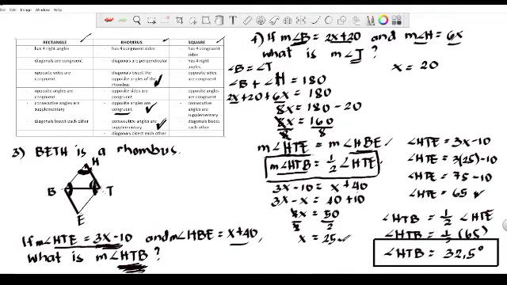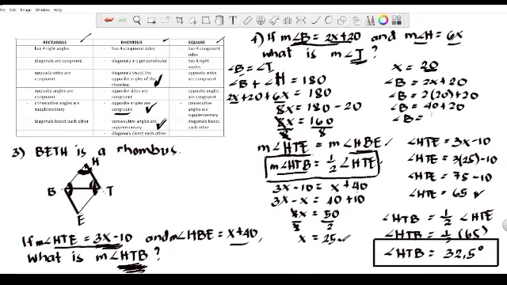But that is not yet what we are looking for. We said earlier that angle B is equal to angle T. So to get angle T, we need to solve for angle B. Angle B is 2x plus 20. Substitute the value of x: angle B is equal to 2 times 20 plus 20, that is 40 plus 20, which is 60 degrees.